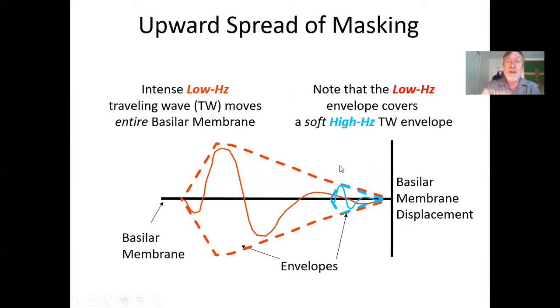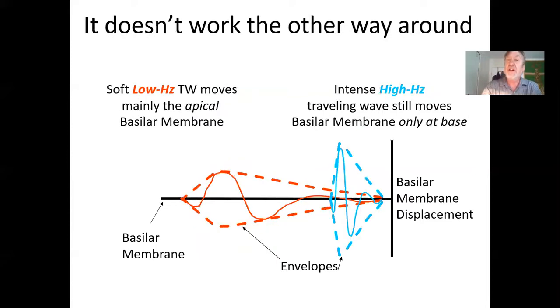So here we are. You've got the low frequency rumble of a truck, and here's the canary peeping softly in your kitchen. Look at how the envelope of the traveling wave of the truck can cover up the envelope of the high frequency canary, the envelope of the traveling wave made by the high frequency canary in blue. But it doesn't work the other way around.